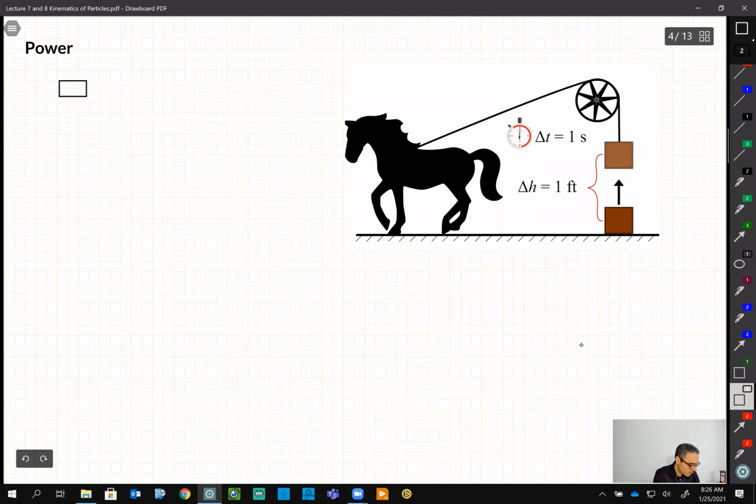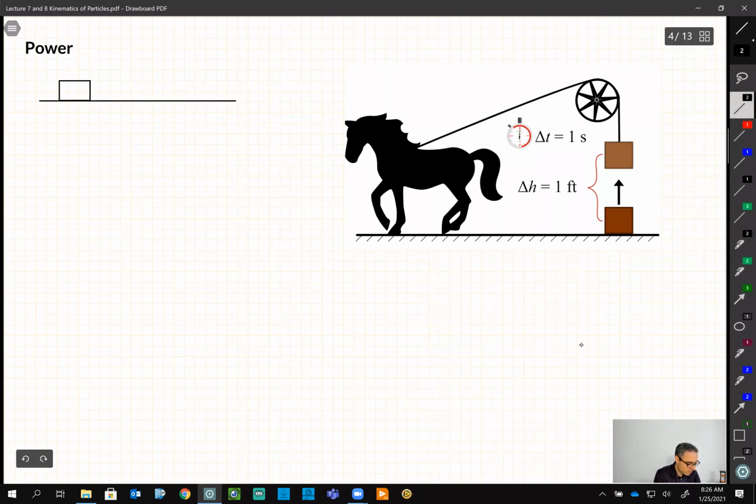Let's say I have a box on the ground, and I apply a load, or let's say for simplicity, just a straight load, F, and the mass is M. Because of this load, this box is going to move to this position, and let's say this distance here is dx, or let's simply call it a distance d.